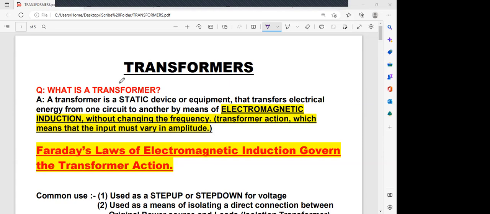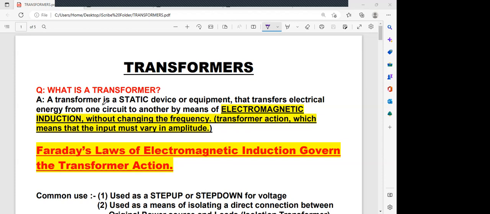All those were rotating. Here, in your static generator, only the rotor field was rotating. Everything else was stationary. Likewise, in your transformer, there are no moving parts. Everything is stationary, and that is why it is called a static device.